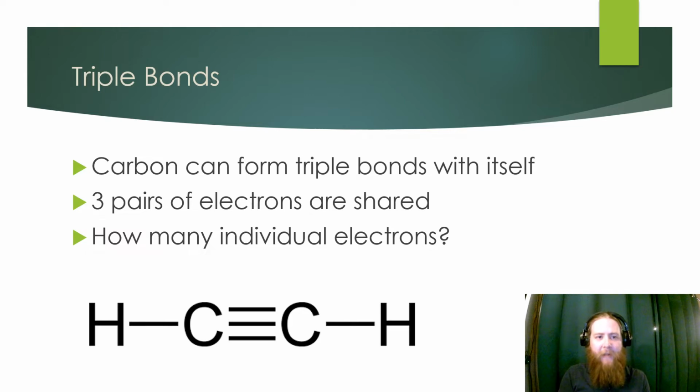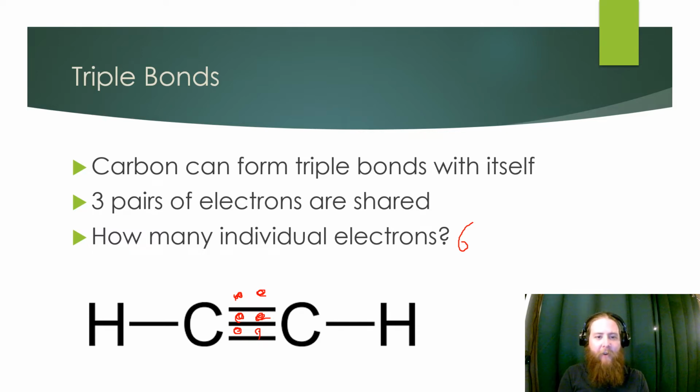In a triple bond, this is when carbon is doing 3 pairs of electrons. So once again, how many individual electrons? Well, there's 2 in this one here. There's 2 in this line here. And there's 2 in this third line here, for a total of 6 electrons being shared there.